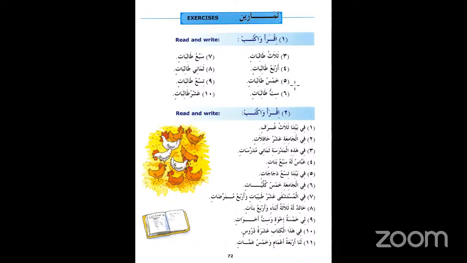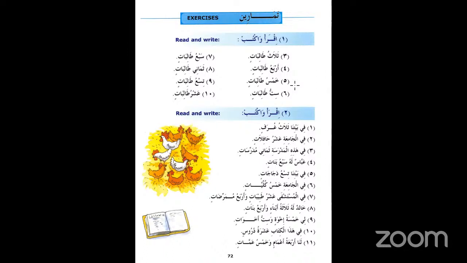Arba'u talibatin, 4 feminine students. Again, arba'u masculine number, talibat feminine plural, idafa construction. And if I want to change it into masculine plural, then I will use arba'atu tullabin.